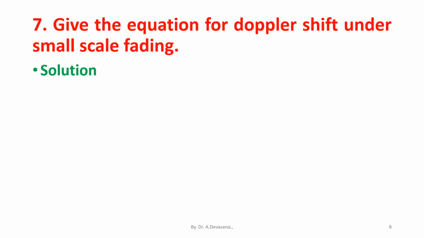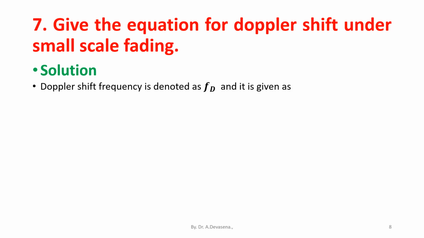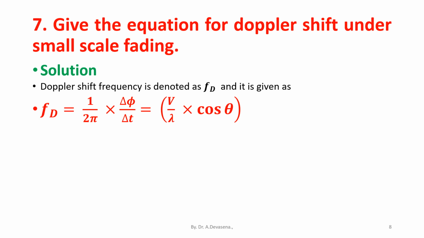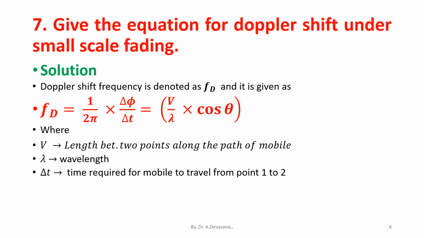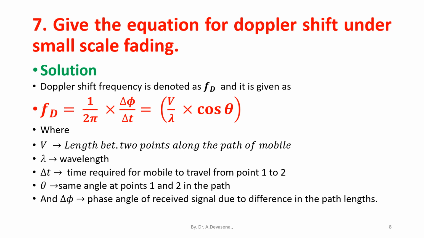Solution for this problem is Doppler shift frequency is denoted as small f suffix capital D, and it is given as f suffix d is equal to 1 divided by 2 pi into delta phi divided by delta t, that is equal to v by lambda into cos theta, where v is the length between 2 points along the path of the mobile, lambda is the wavelength, delta t is the time required for mobile to travel from point 1 to 2, and theta is the small angle at points 1 and 2 in the path, and delta phi is the phase angle of received signal due to difference in path lengths.